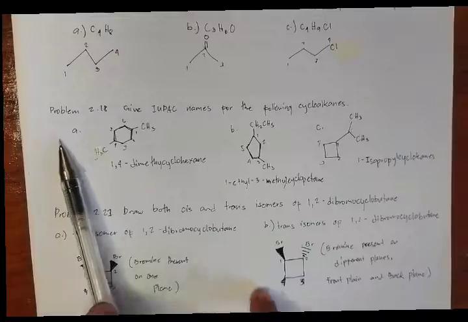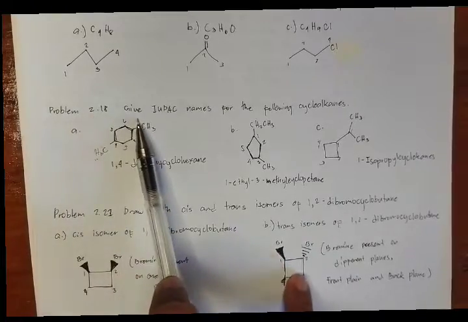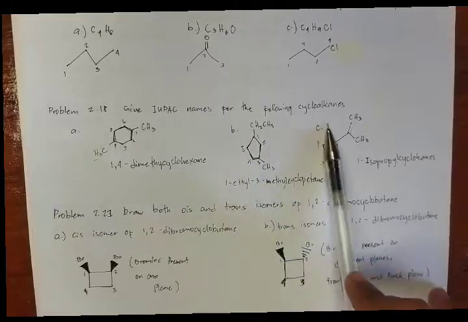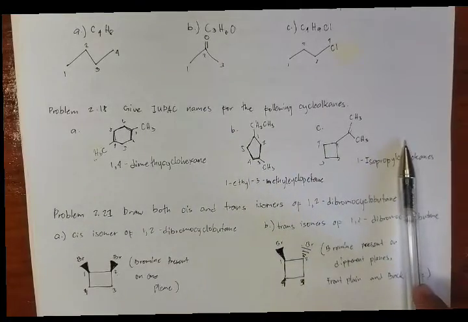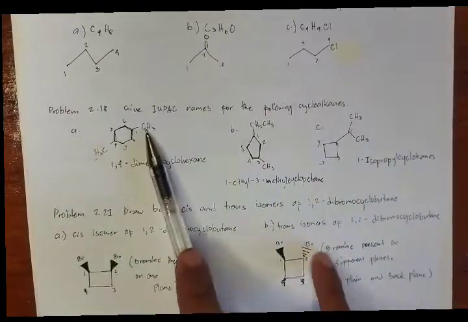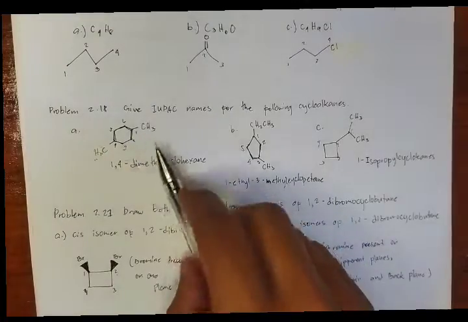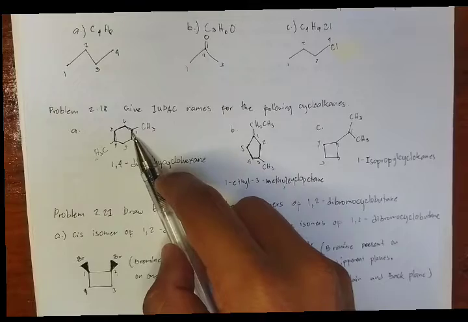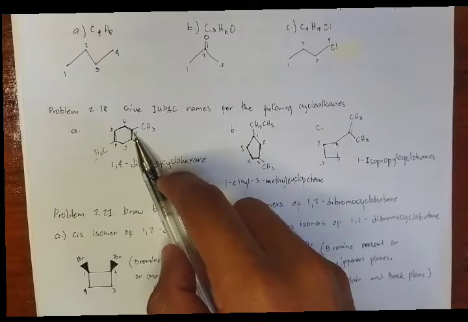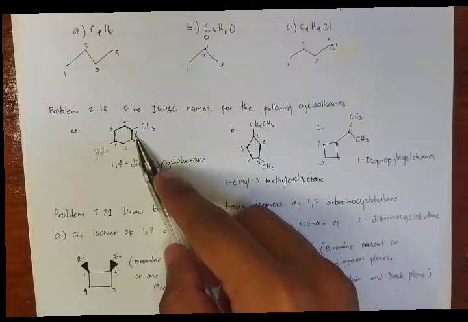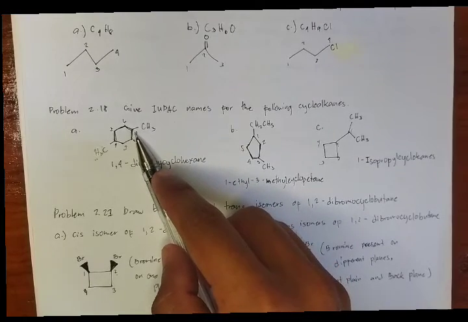We also have here problem 2.18, where we are going to give the IUPAC names for the following cycloalkanes. We begin counting the carbon chain or the parent on the end closest to the branch.